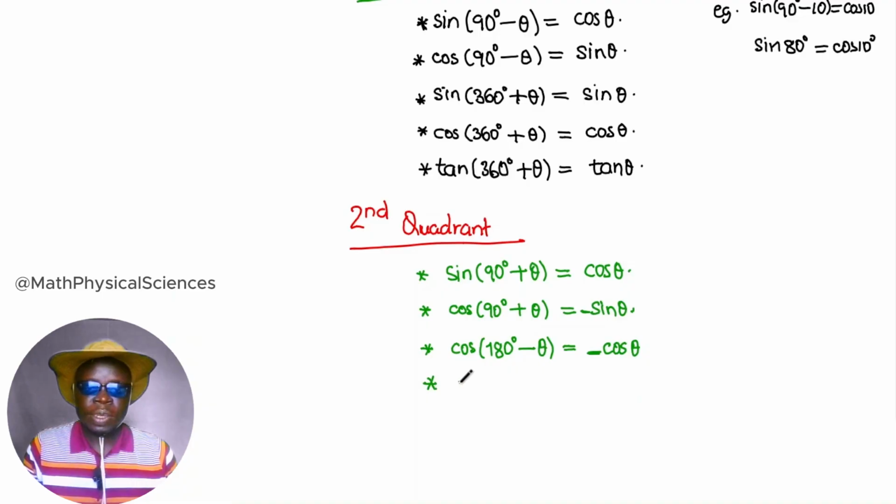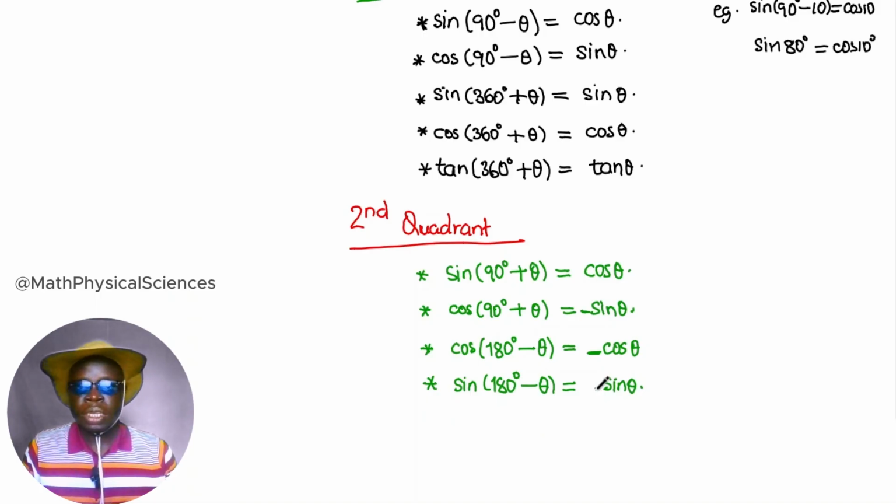So sine of the same angle 180 degrees minus theta will be equivalent to sine of the angle that appeared here. If we are given maybe 2 theta, then the angle here will also be 2 theta. So this one is positive because it is the only positive in the second quadrant.